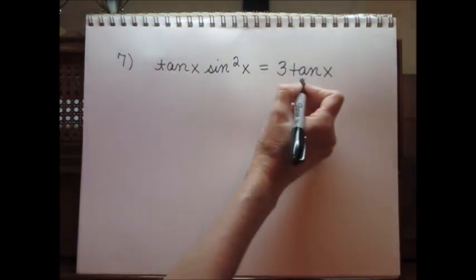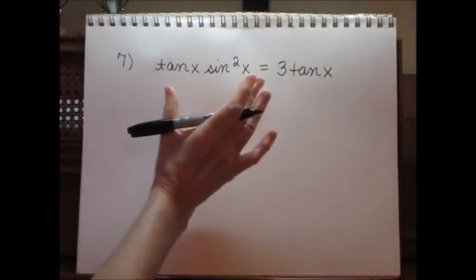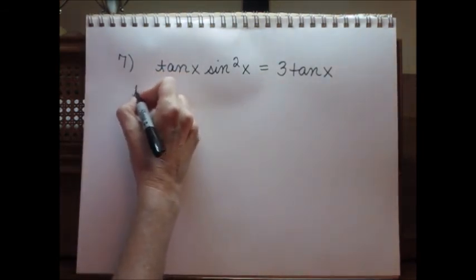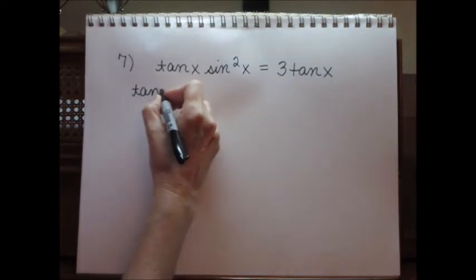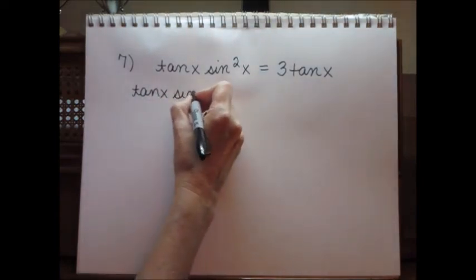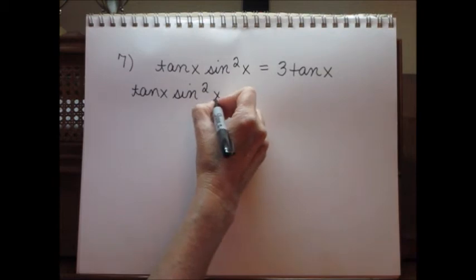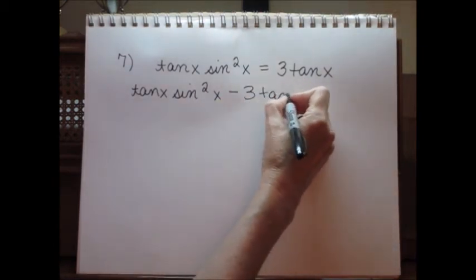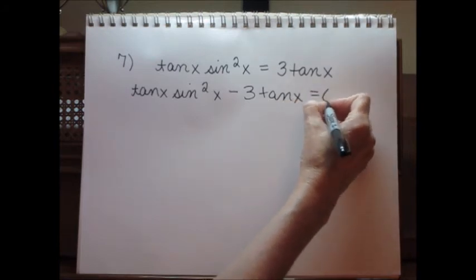So I'll have 3 tangent x. I'm just going to subtract it from both sides. That's going to leave me tangent of x sine squared of x minus 3 tangent x equals 0.